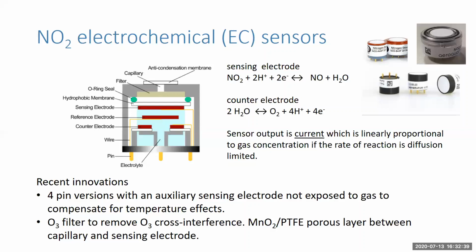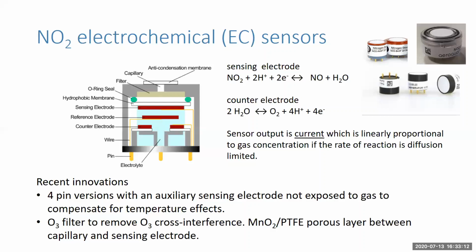The first is a 4-pin version with an extra electrode called an auxiliary electrode that's not exposed to the gas, and this is used to compensate various temperature and perhaps humidity effects. And the second significant innovation is the development of ozone filters, which are usually located just between the inlet capillary and the sensing electrode.